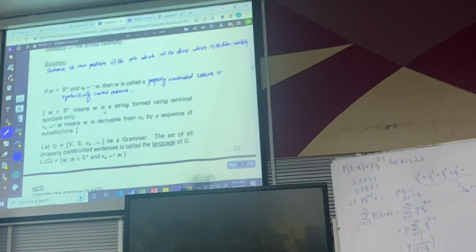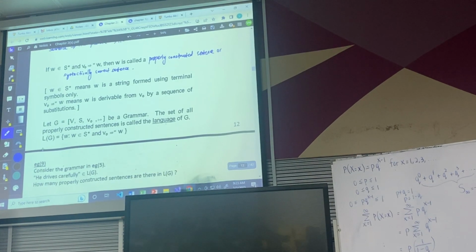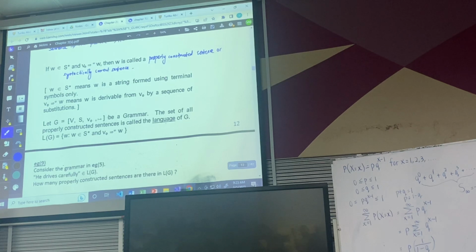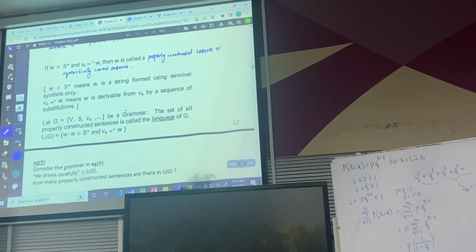So this one we will always write in the LG, which means the language of the grammar. So we will write it as this, the W, which are the words got from the set S, and the V0 after a few substitutions, you will get to the final sentence, which is the W. Okay?